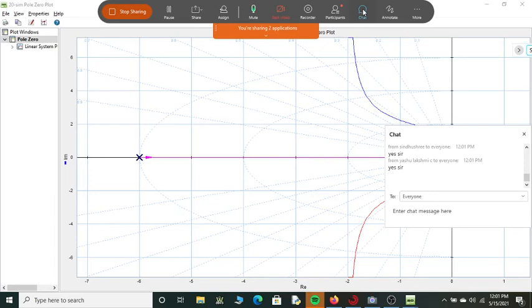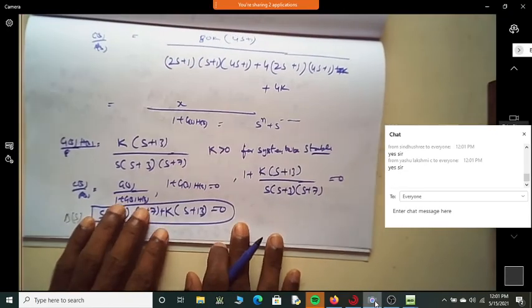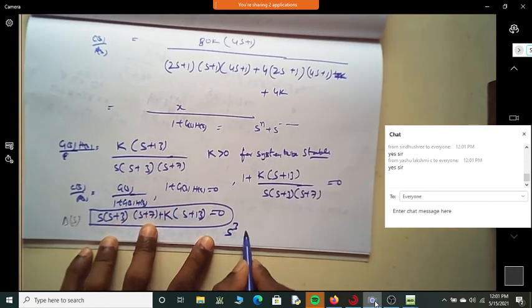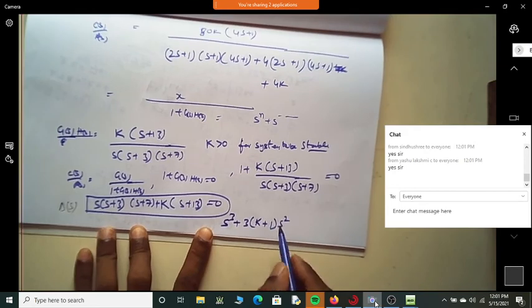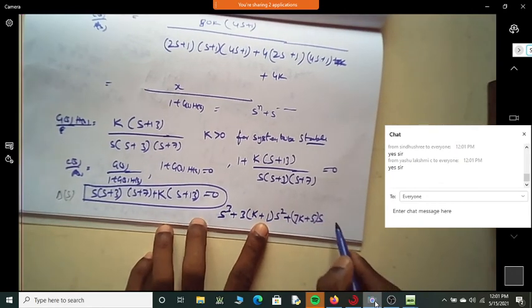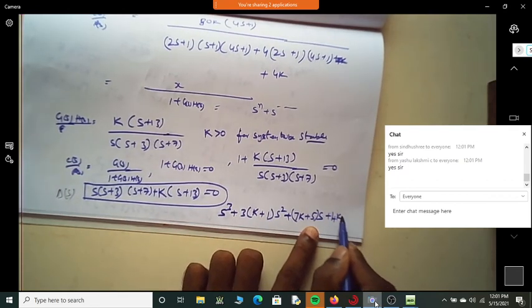So the equation is s cube plus 3 into (k plus 1) s square plus (7k plus 5) into s plus (4k plus 7) equal to 0.